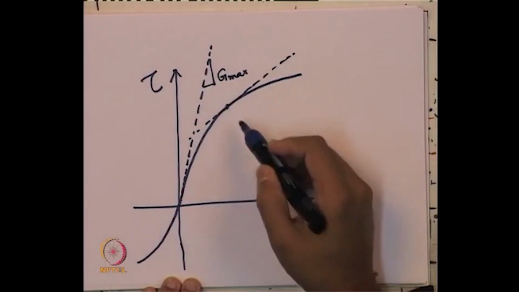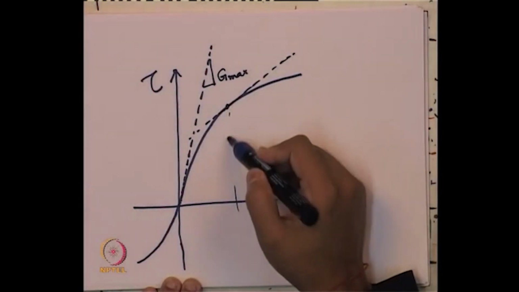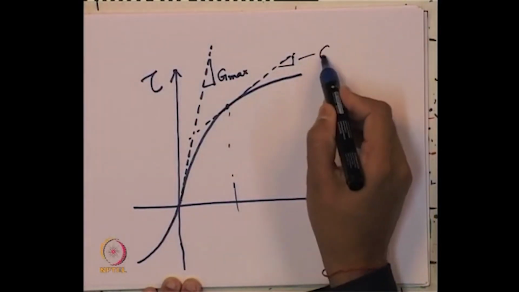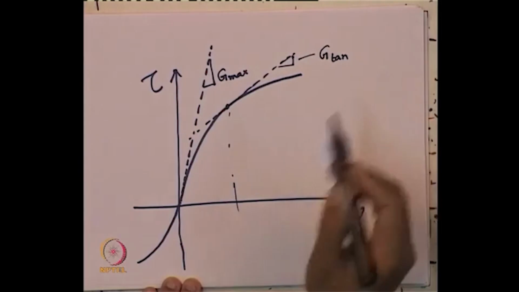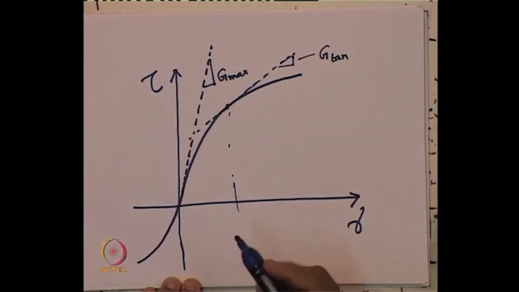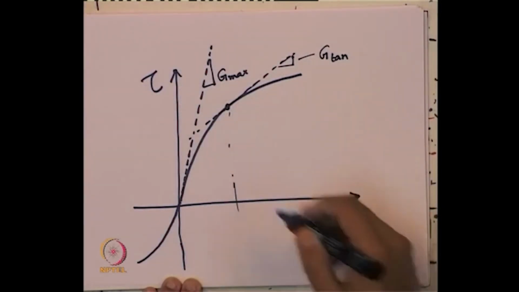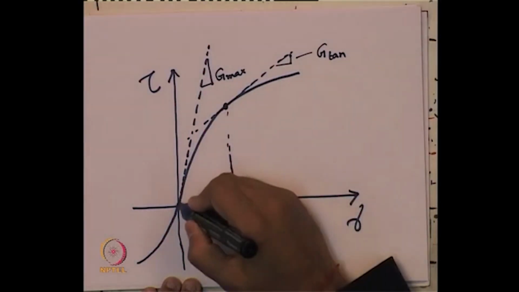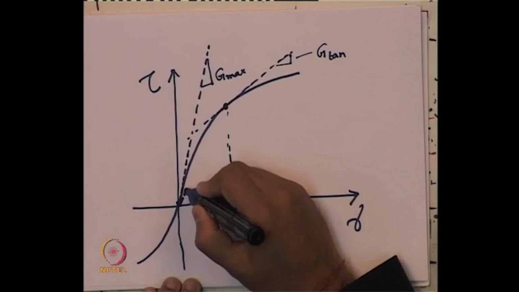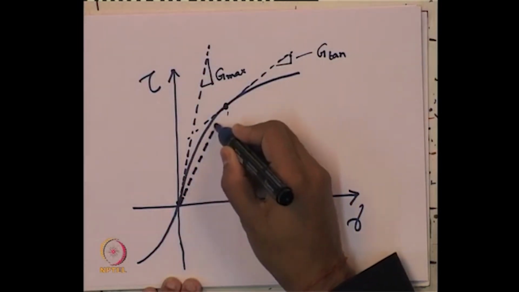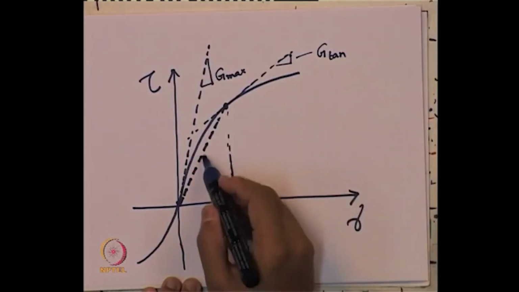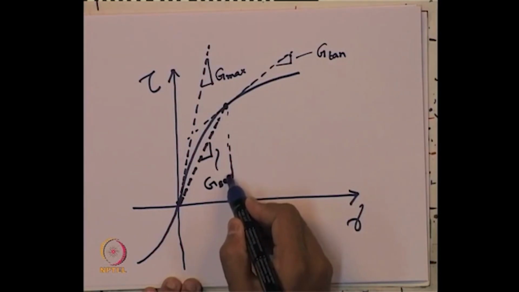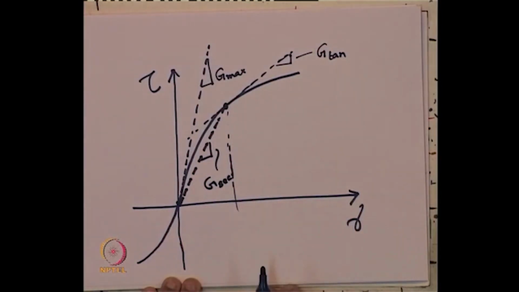At any value of the shear strain, whatever value of G we get, that we call the tangent shear modulus, right. And if we join any point of shear strain with respect to this initial point by a linear line like this, the slope of it can be considered as G secant, that is secant shear modulus.